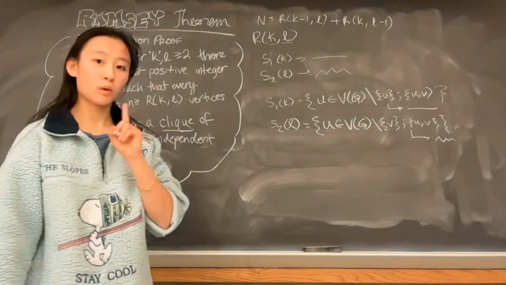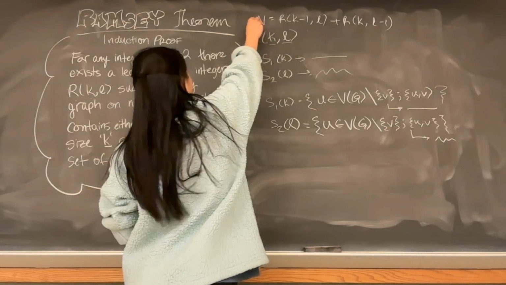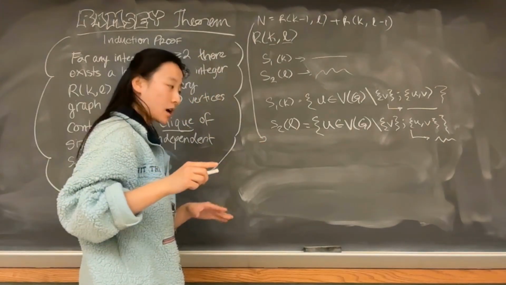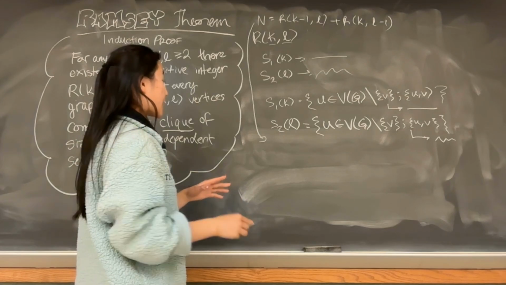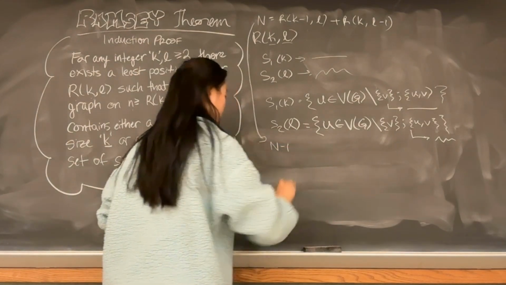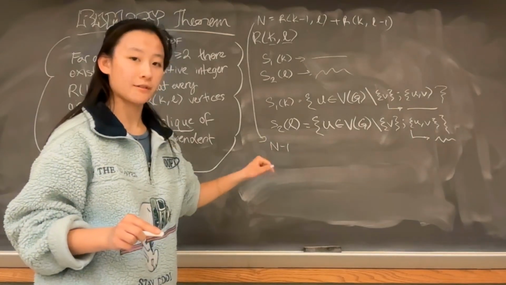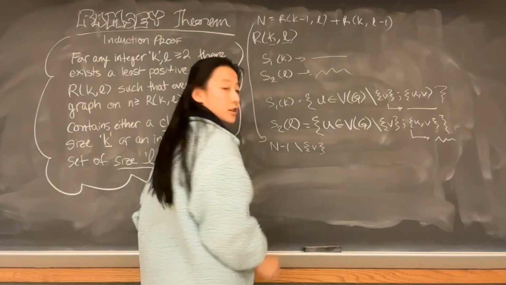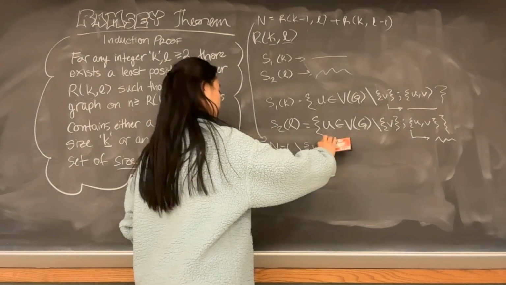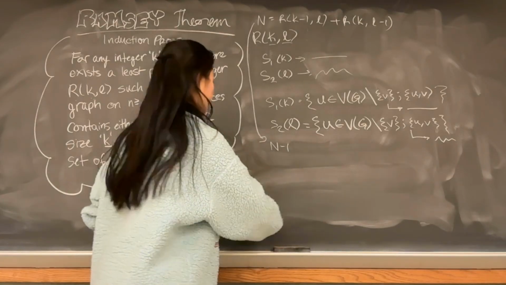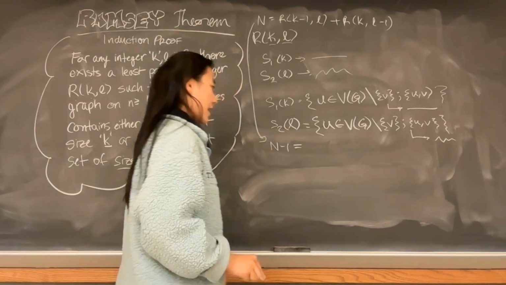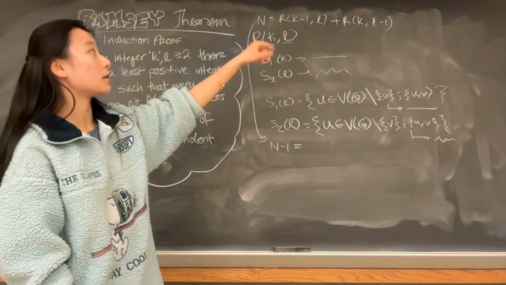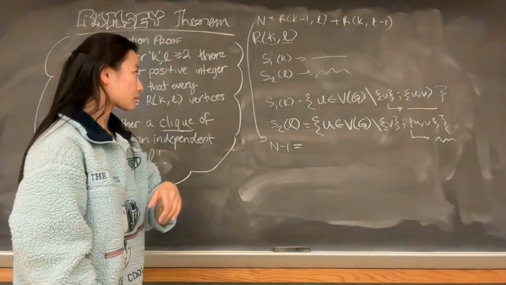Before we start, I just want to say, case A and B coming up for the proof, we'll be using n-1. And remember what n-1 is. n-1 is all the vertices that are not V. So these are not in V. I'm just going to keep it like this because we want to set this equal to R of K and L. Well, up here we have that n is equal to r(k-1, L) plus r(k, L-1) minus 1.